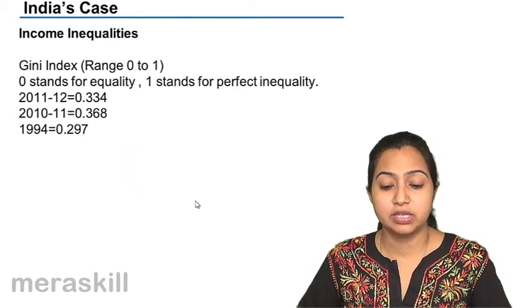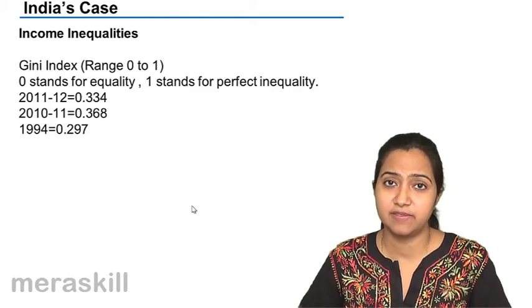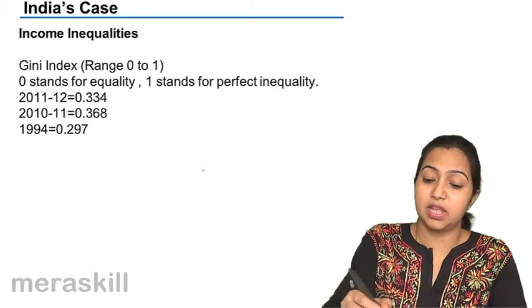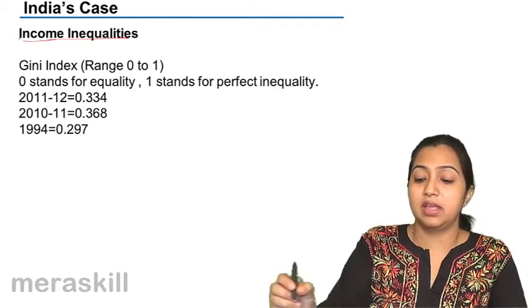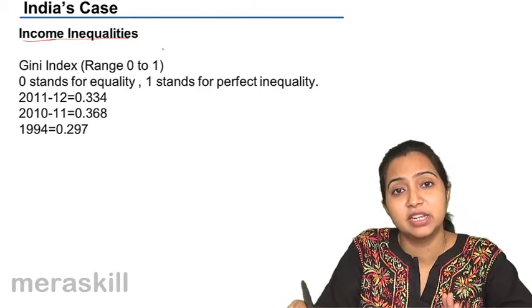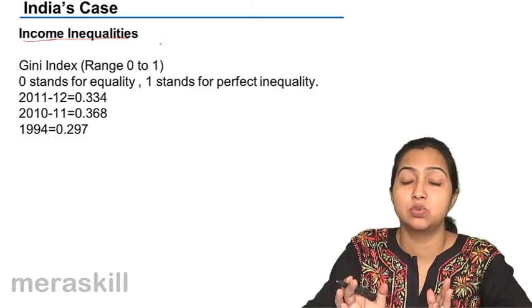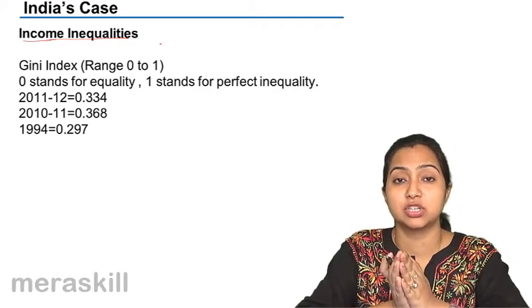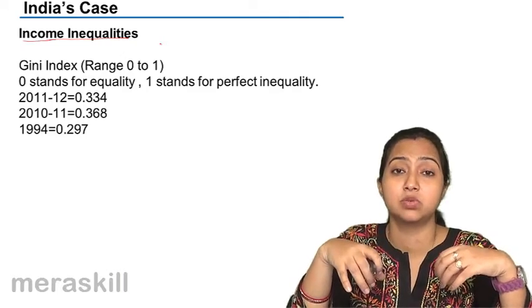The next point that determines whether a country is underdeveloped or not is inequality in income. Income inequality means disparity in income, that there is a wide difference between the income earned by the richer section and by the poor section, which increases the gulf between the two.